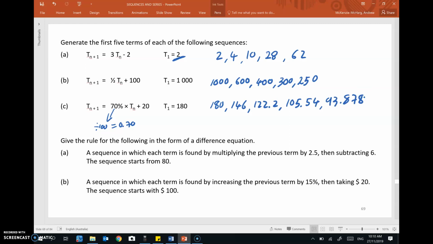Okay, so if you haven't tried the ones below, you might want to have a go at these first. It's like the first part of the previous question, where there's a sentence describing the sequence, and we need to write down the rule for the difference equation. So go ahead and try that, then I'll have a go at them.